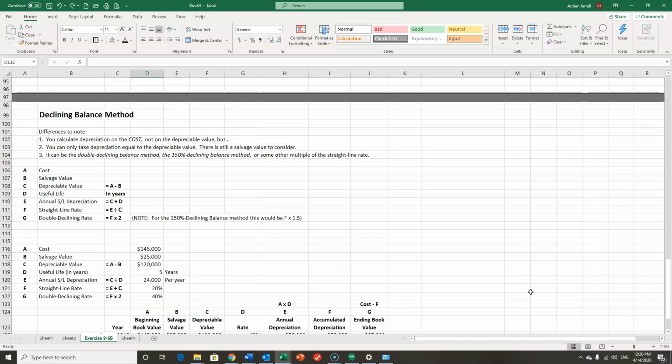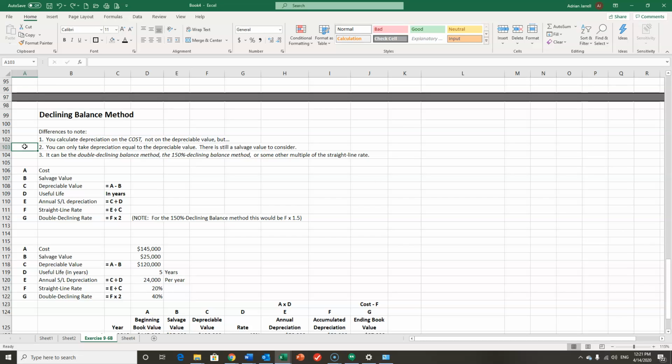Anyway, we're going to look at the declining balance method of depreciation. There are a couple of differences to note. One, you calculate the depreciation on the cost, not on the depreciable value, like you do with the other two methods that we looked at, straight line, of course, and the units of production. You can only take depreciation equal to the depreciable value.